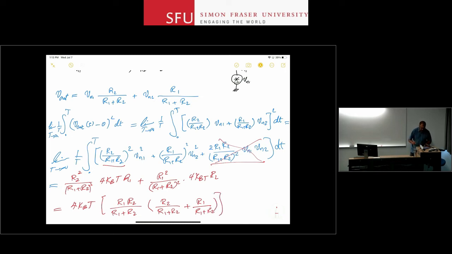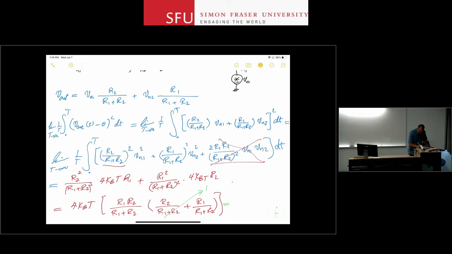I just factored R1 R2 out, and for the denominator R1 plus R2 squared, I kept R1 plus R2 outside the brackets and one R1 plus R2 inside. And then you can see that this term is 1, and all I have is this.